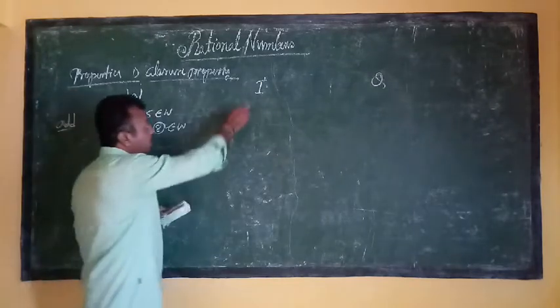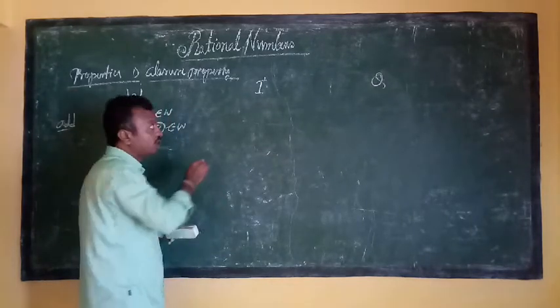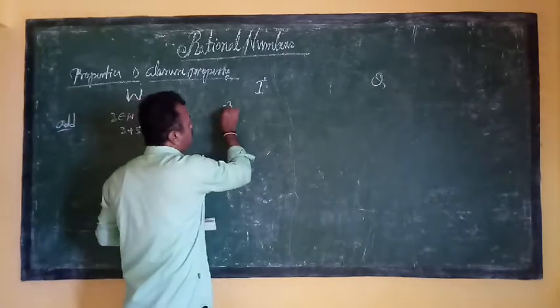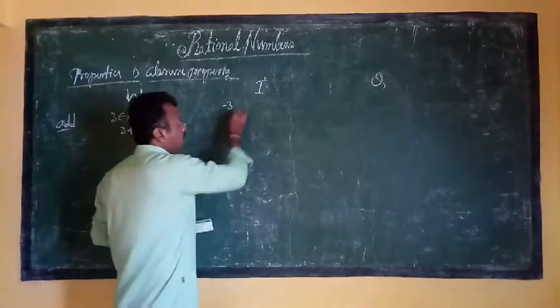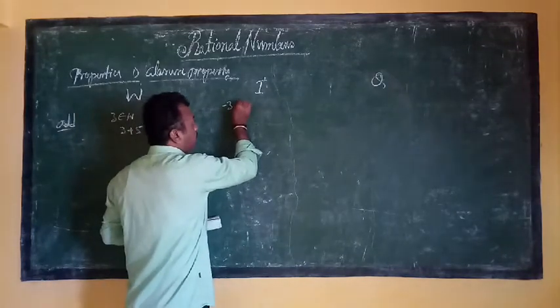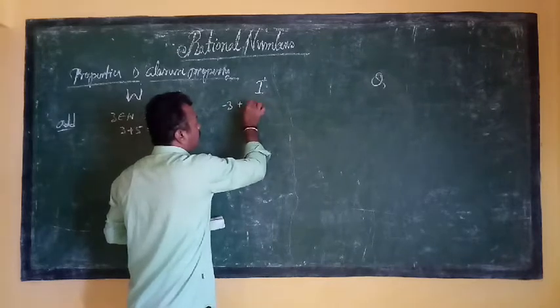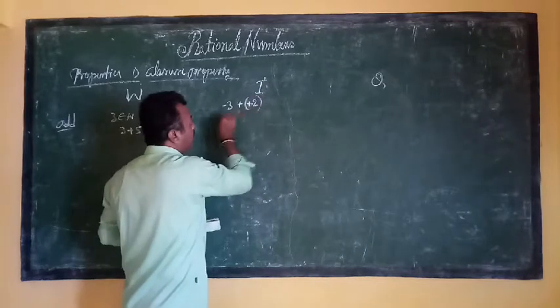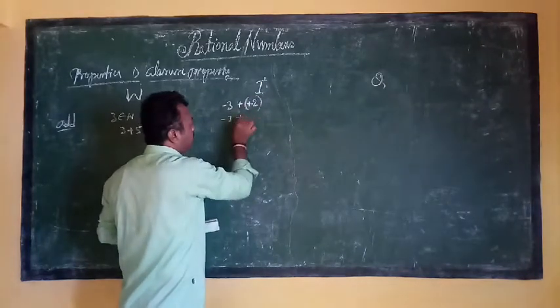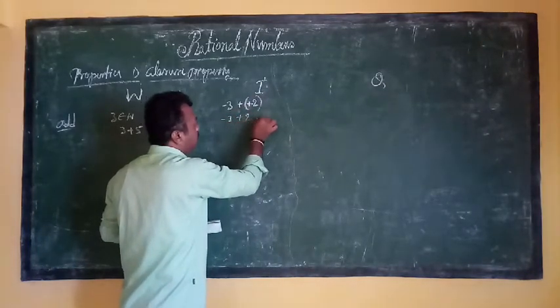Next one, like that integers. Is closure property satisfied under addition or not? So minus 3 is one of the integers and plus 2 is one of the integers. Now minus 3 plus 2, it becomes minus 1.